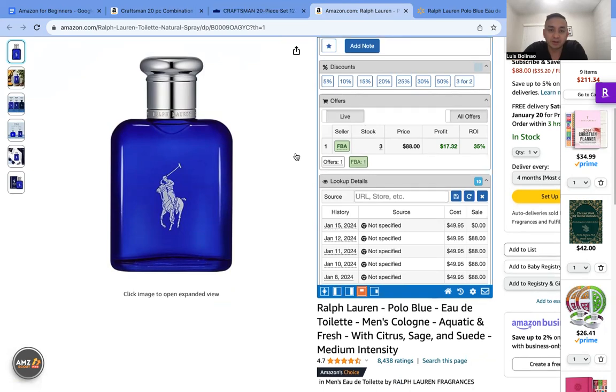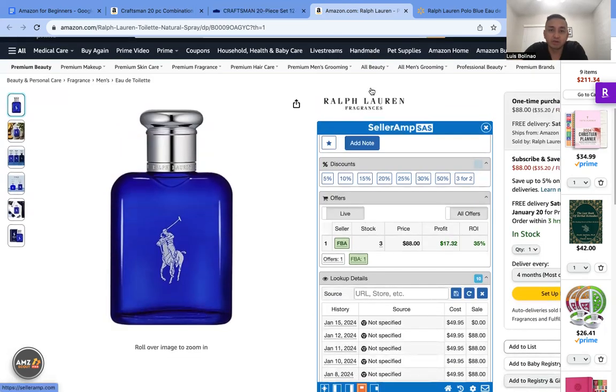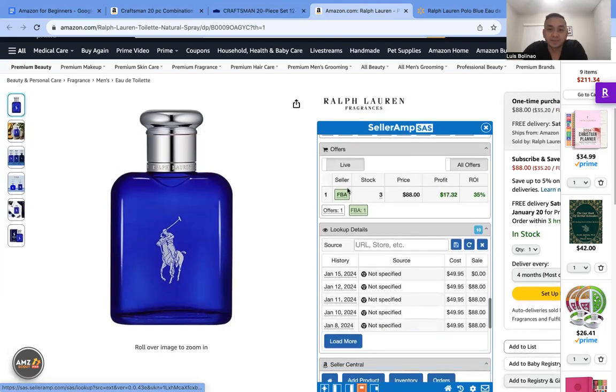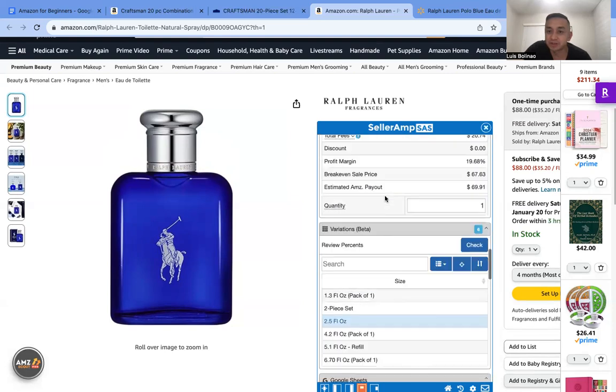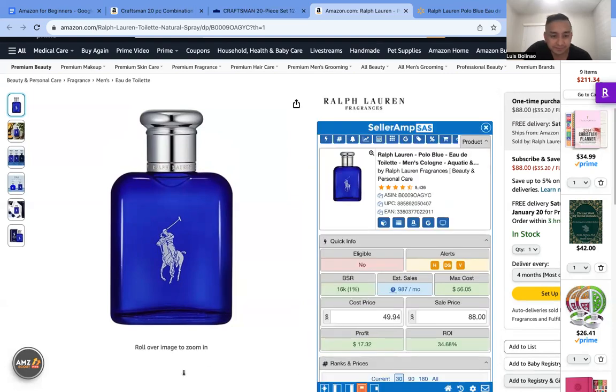If you look at the product, the brand is Ralph Lauren, and there's only one seller here, which is very unusual. And the seller is also Ralph Lauren. So this product is actually a bad product, meaning we should stay away from it. That's a great question, Christina.